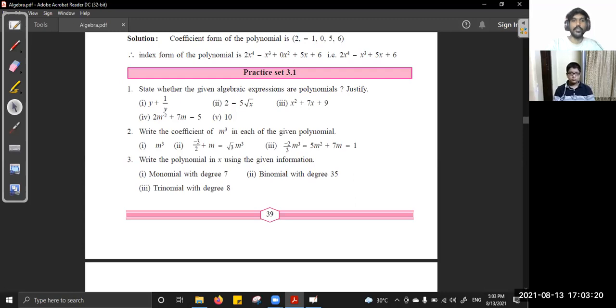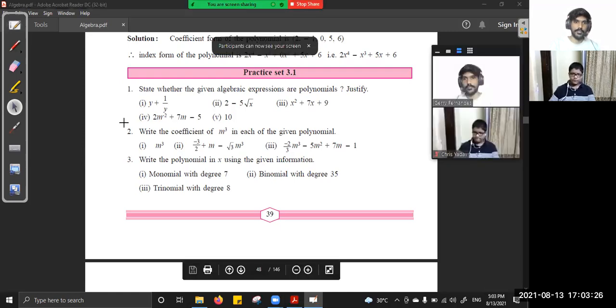Okay. Did you write yesterday's first question? Yes, sir. So we'll continue with the exercise, the second question. Practice 3.1, question number 2.